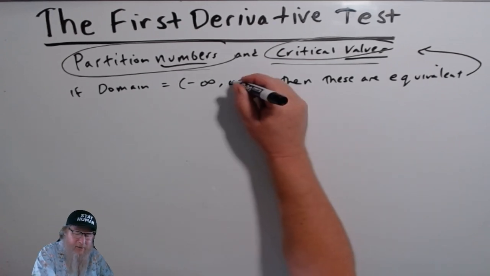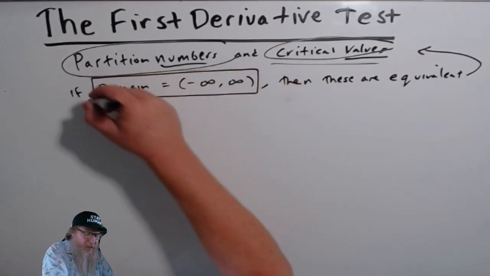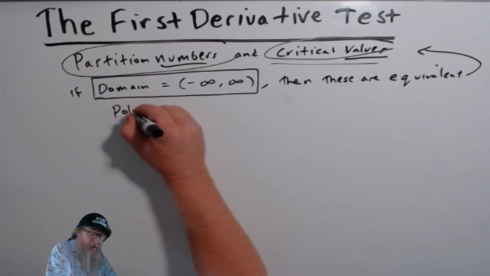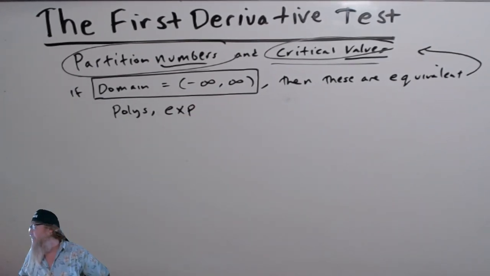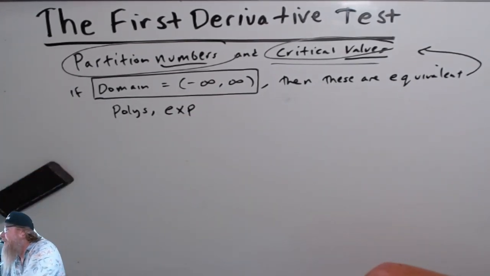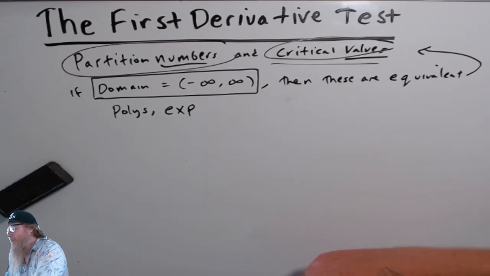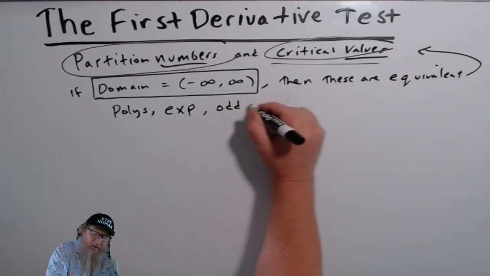So let's start with some very straightforward examples where the domain is not restricted. So things like polynomials and exponential functions, and then odd roots as well.